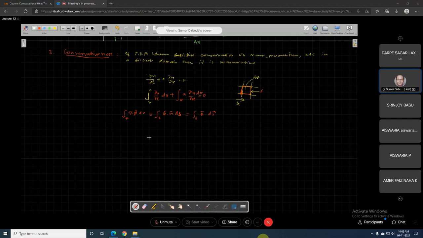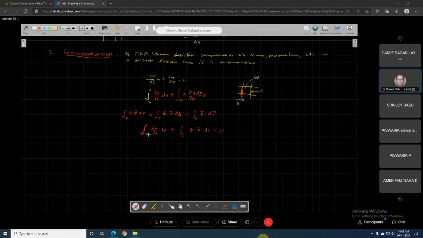Now this expression, the volume integral of del u del t dV, together with the surface integral of phi n dS, is equal to 0.